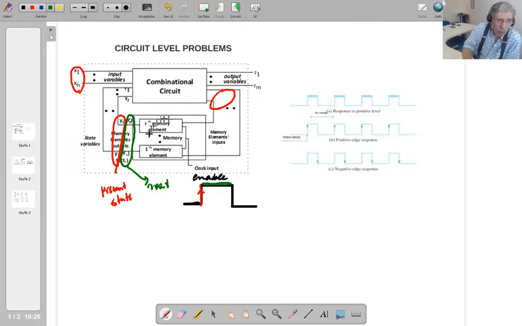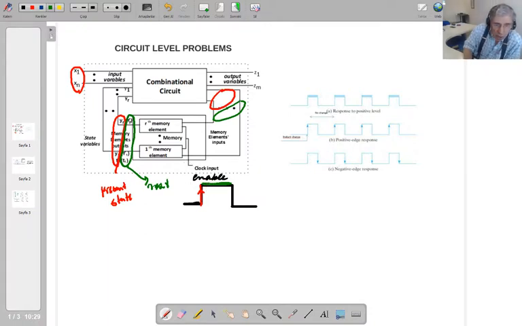Enable input is connected to the memory elements only. So when these capital Y's came here, I haven't changed the input, so my combinational circuit is going to work again. Corresponding to this new state, I'm going to get a new sequence of memory element inputs coming in front of these memory elements.